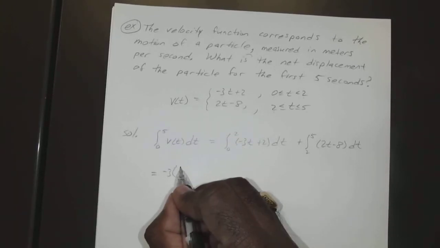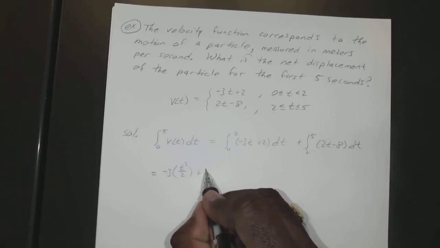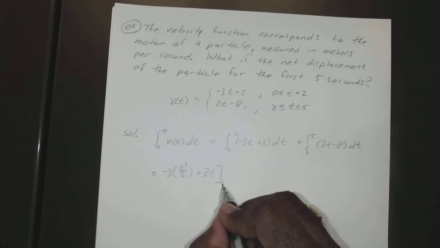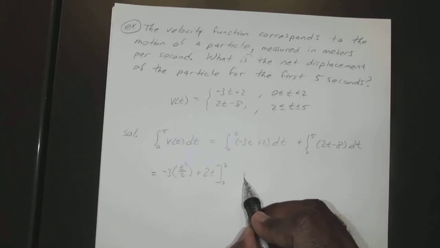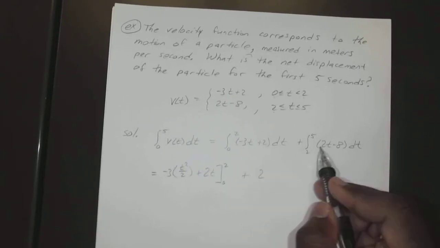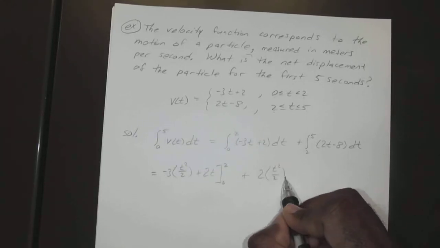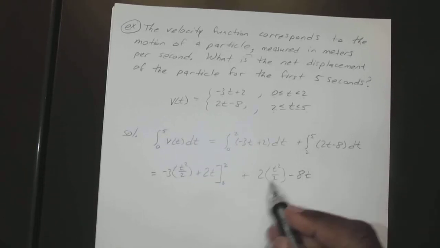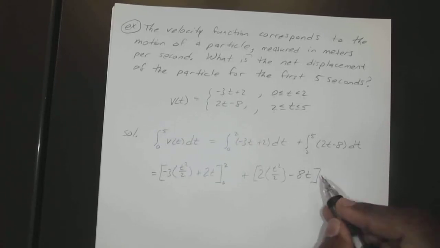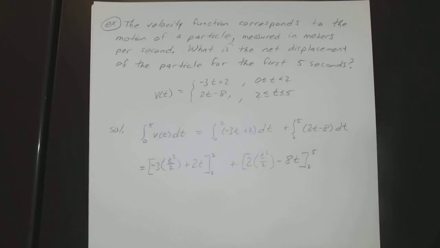The integral of t is t squared over 2, plus the integral of 2 is 2 times t, and that's going from 0 to 2, plus, if we integrate this one, that becomes 2 times t squared over 2, minus 8t, and I'll just go ahead and close the whole thing. And that's from 2 to 5.